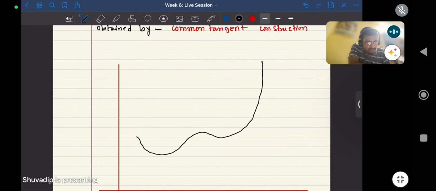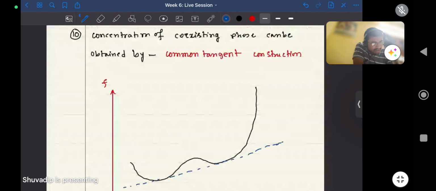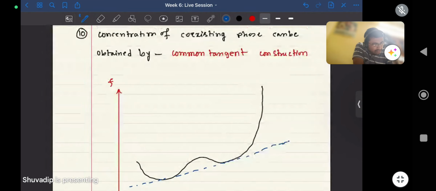So this is your free energy profile. This axis is f of phi, this is phi. If you can draw a common tangent between two minima like this, then it can be used to derive the concentration of the coexisting phase.